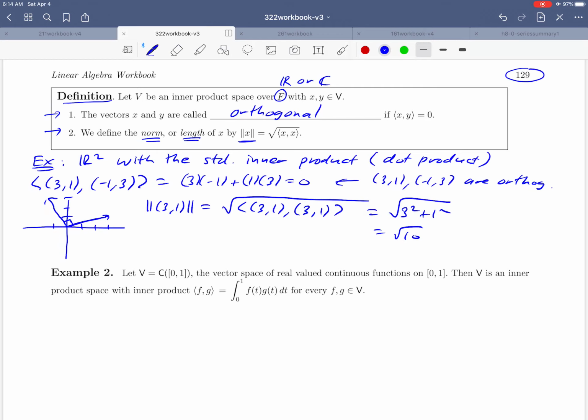And that turns out just to be the length of that vector, the normal Euclidean length that you calculated in a calculus course. Okay, so the two definitions that we have up here just generalize those two notions to an arbitrary vector space, or an arbitrary inner product space.